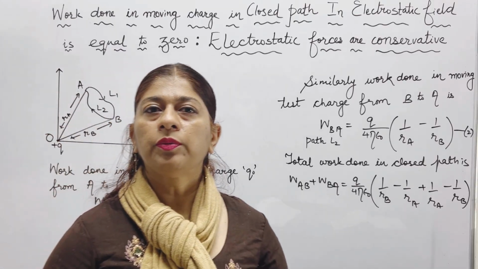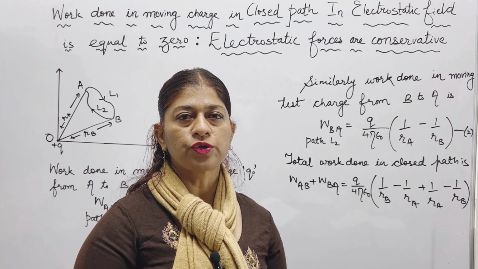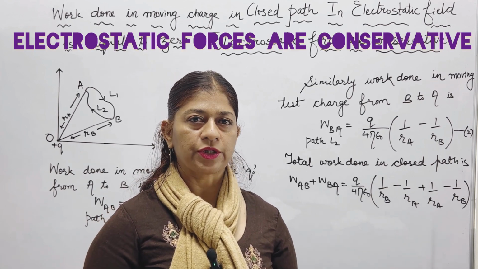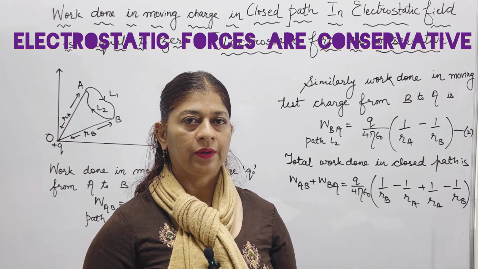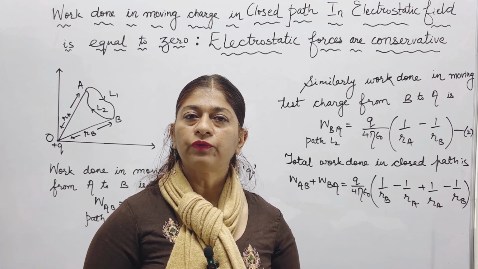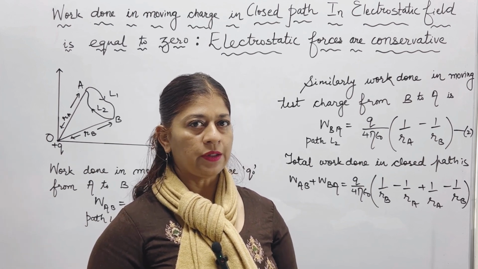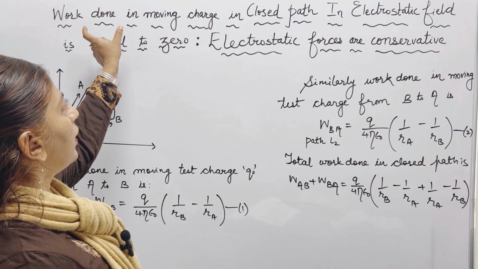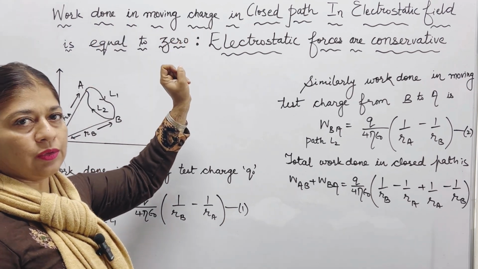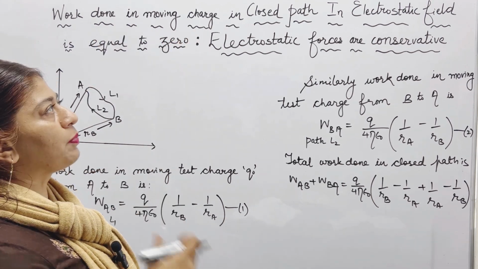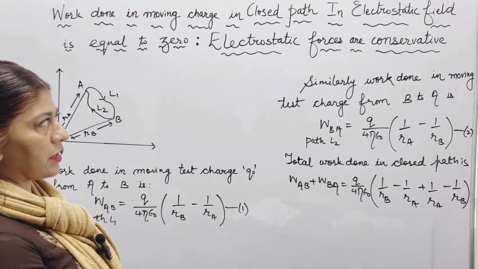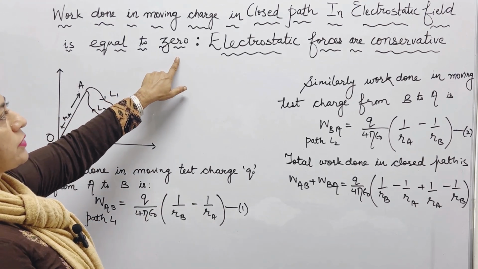We have found out the potential and potential difference due to a point charge in my previous lecture. The link is shared here. Now we are going to draw a very important conclusion out of that. That is, the work done in moving any unit charge along a closed path that is lying in the electrostatic field is equal to 0.